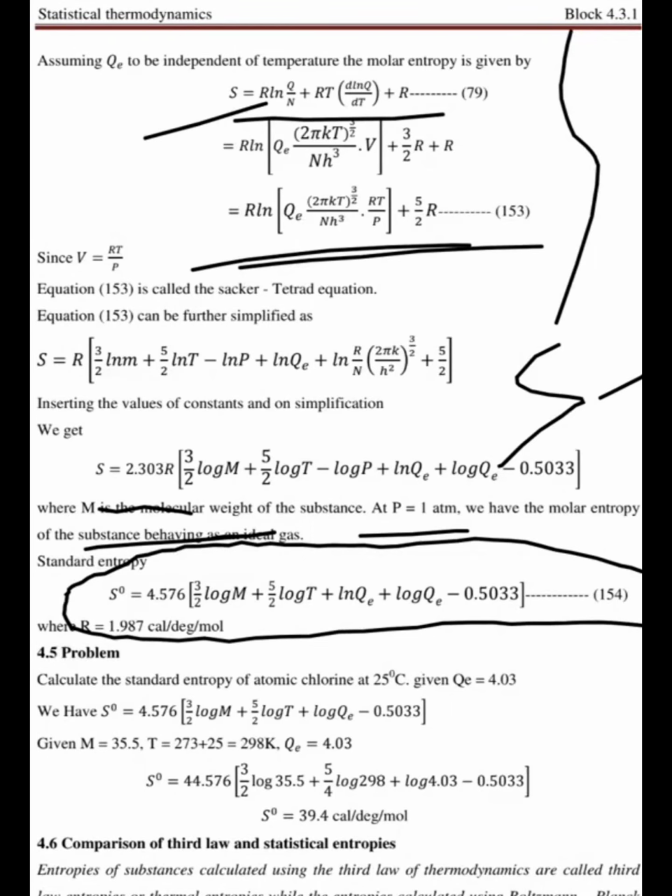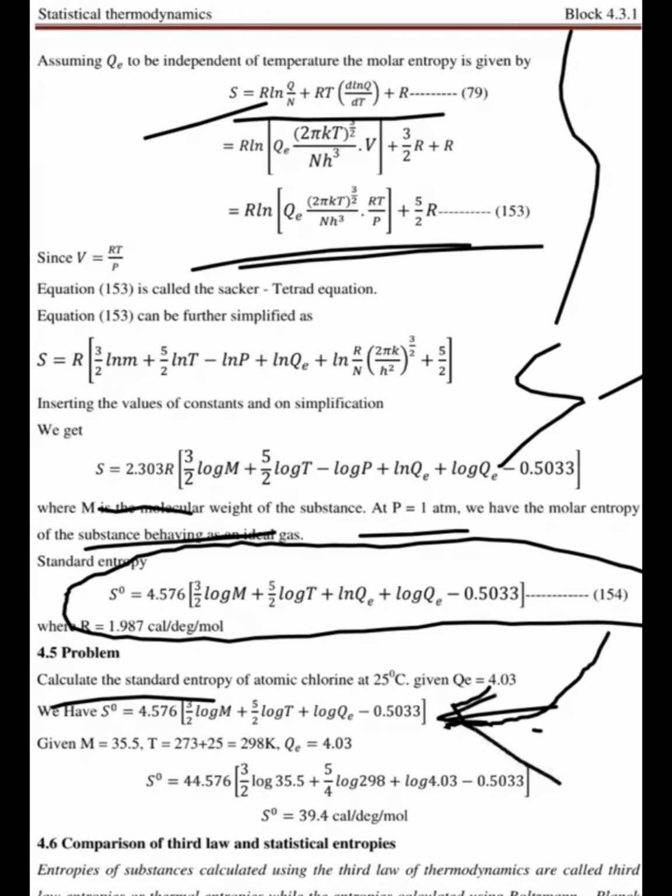And the problem: calculate the standard entropy of atomic chlorine at 25 degrees Celsius, where Q is 4.03. This equation is from here.